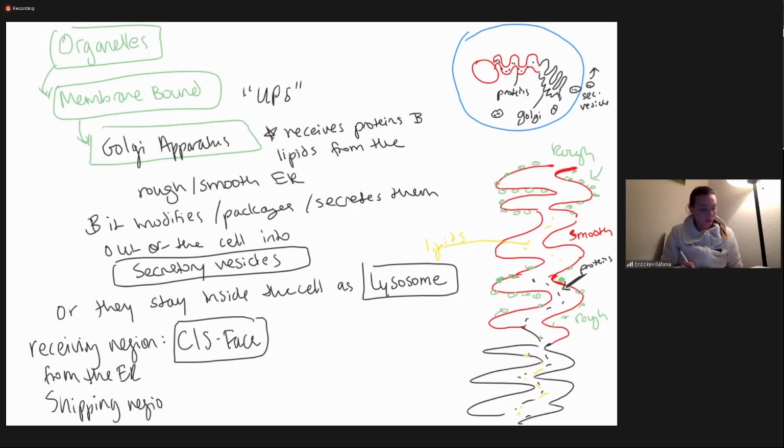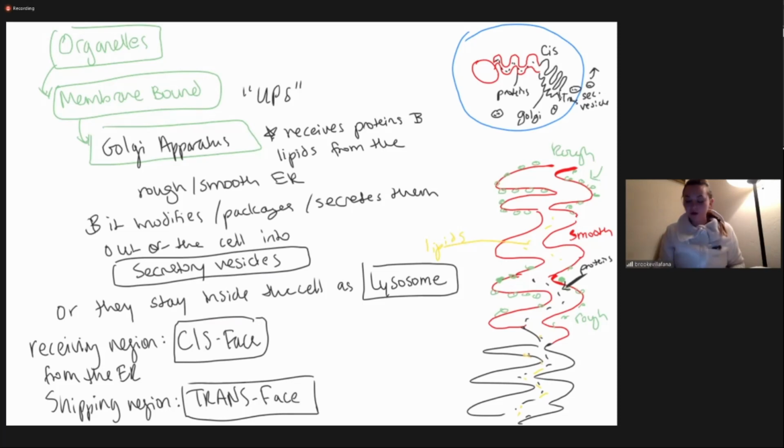There's a shipping region, and that's called the trans face. So the receiving region is cis, so it would be this side, and trans ships it out. Cis, trans. All right. So that's the big function of the Golgi. The Golgi is pretty important, has quite a few functions, right? Secretory vesicles is the name of it, if it packages it out.